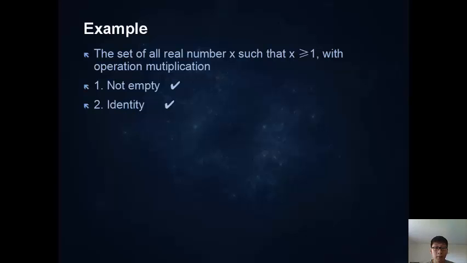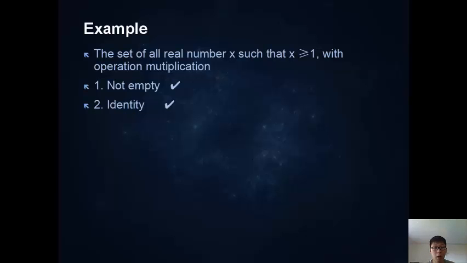So the definition of inverse is that any element's inverse times the element itself will equal the identity, which is 1 in this example. For example, let's say x equals 2, and what element times 2 will be equal to the identity, which is 1 in this example? 1 over 2.